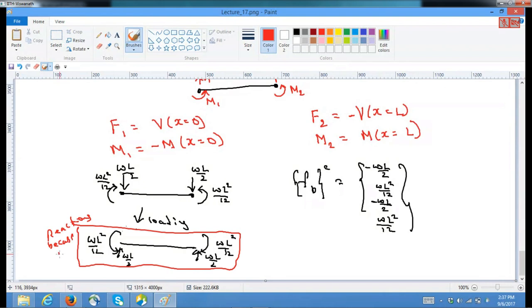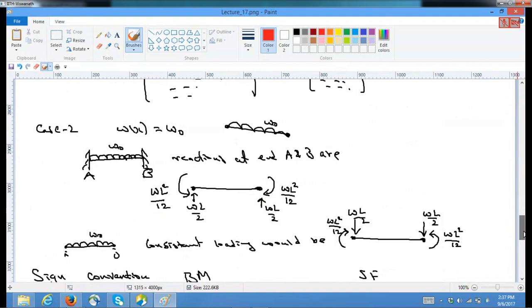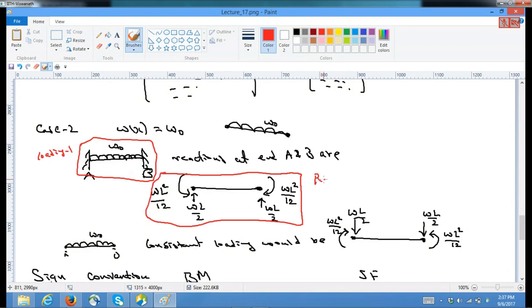let's say this is loading 2, and if I look at the reaction forces because of loading 1, these are the reaction forces due to loading 1.